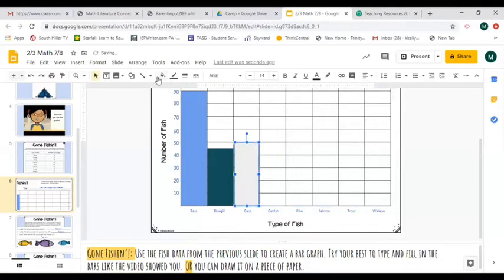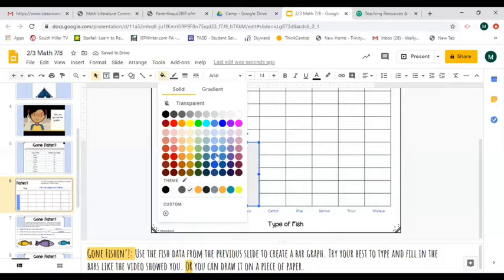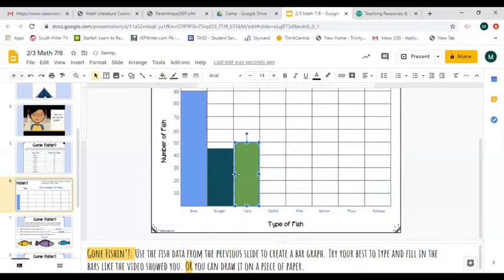I'll pick a different color. Let's do green. Move it over. And I'm at the 50. So we had 50 carp.